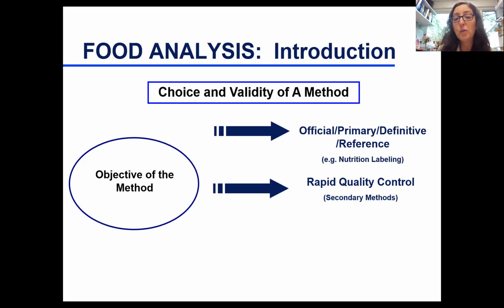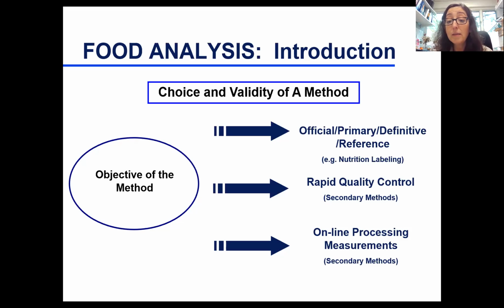So instead of doing a primary method for fat analysis, in this case, you want to run a lot of samples through. So you want your mid-IR instrument, which is commonly used, to be calibrated and ready to give you results in a few seconds. And this is a secondary method because it required primary methods for calibration.